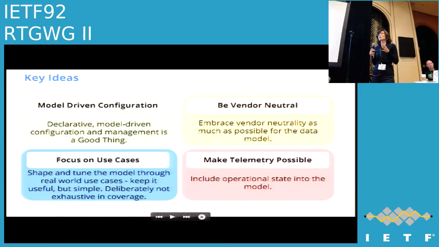So regarding the MPLS model, the model covers both the label switch path configuration and the configuration of the protocols that actually are used for setting these up. The LSP configuration is driven by the type of the LSP rather than the signaling protocol.